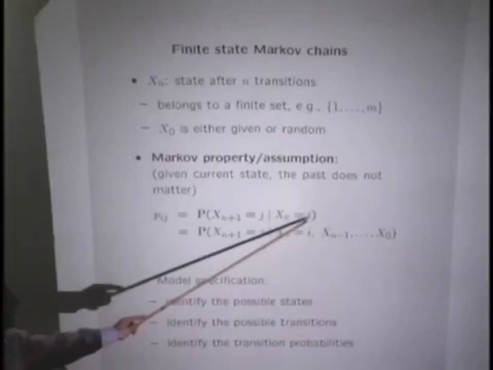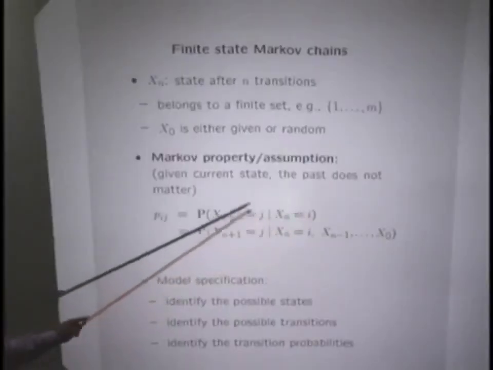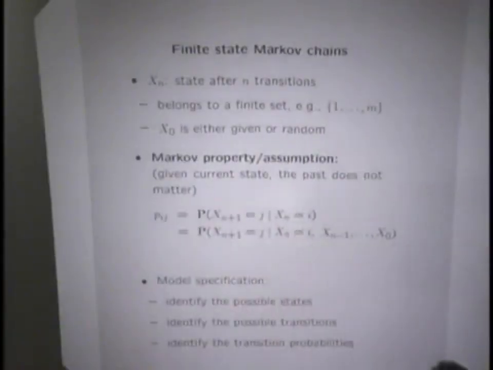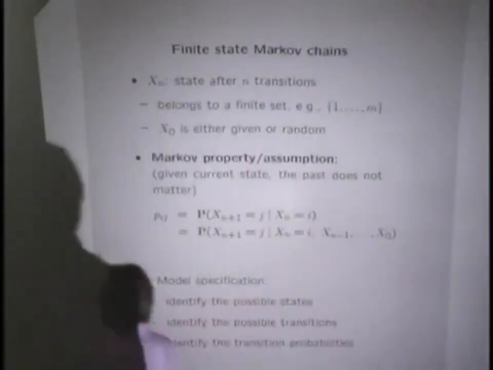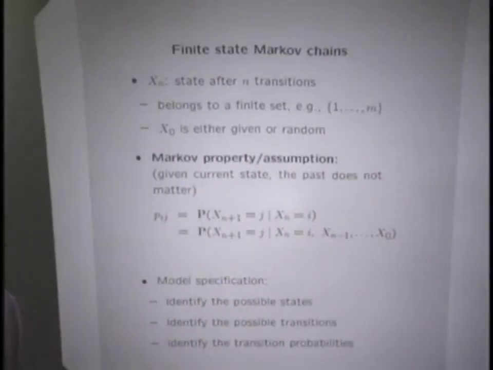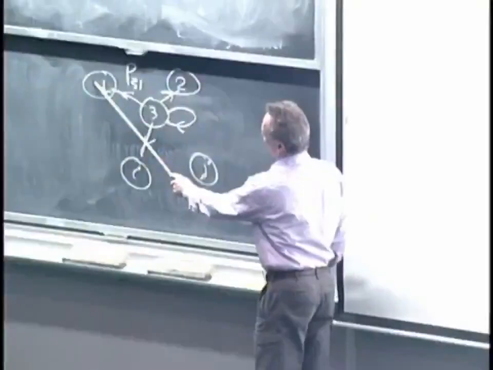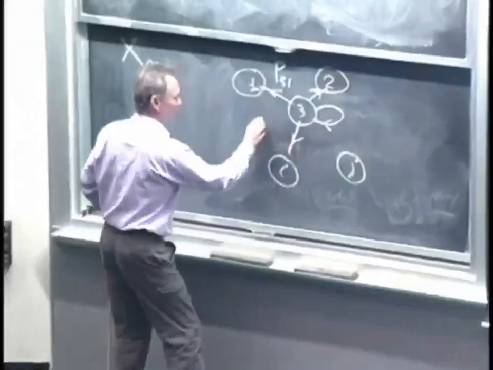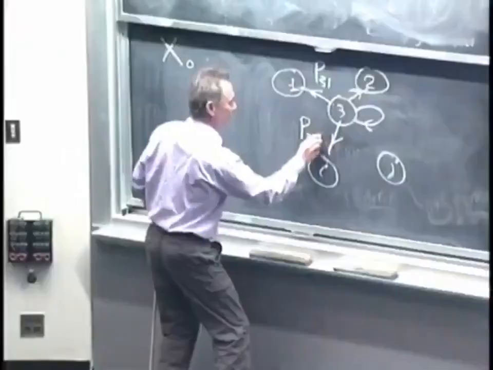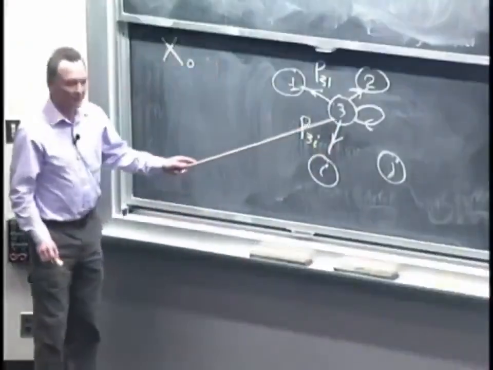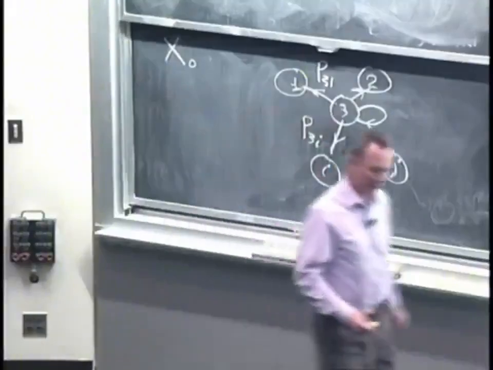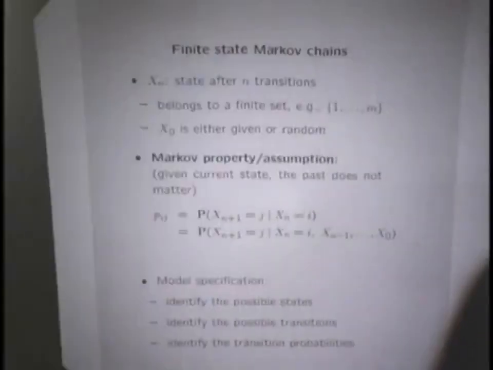Given that right now I am at state i, what is the probability that next time I find myself at state j? So given that right now I am at state 3, P31 is the probability that next time I'm going to find myself at state 1. Similarly, here we would have a probability P3i, which is the probability that, given that right now I'm at state 3, next time I'm going to find myself at state i.